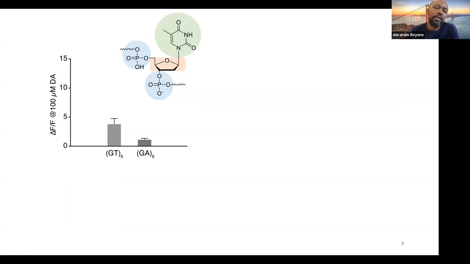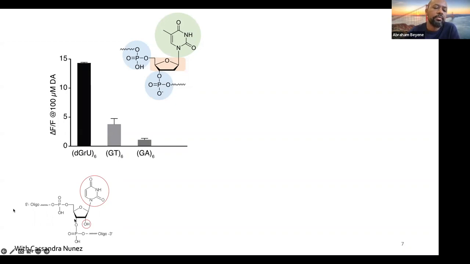So that's really intriguing. And then if you were to take the T and replace that with an RNA U, in which the deoxyribose now also becomes a proper ribose, a kind of RNA ribose, what you find is a sensitivity to dopamine that really goes through the roof. It increases several fold. So here we're keeping the G's as DNA versions, but the U's are being changed here.